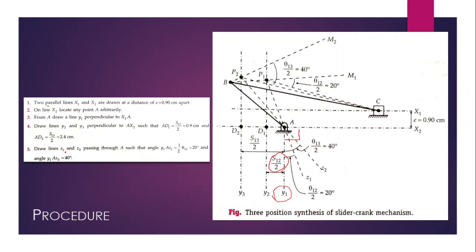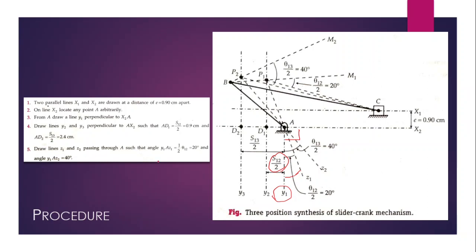Then draw lines z1 and z2 passing through A such that angle y1 A z1 is equal to theta 12 by 2, that's equal to 20 degree.